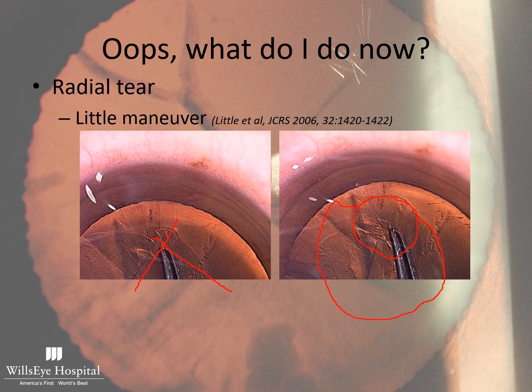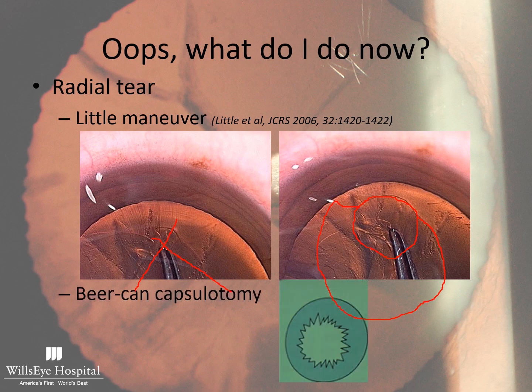If it's gone out to the equator already, sometimes when it's in the zonular complex out there, it's hard to get back in. You can also do a beer can capsulotomy. What you're doing is creating multiple radial elements. I don't know who would drink a beer like this, but that's what it's called, or a can opener capsulotomy. And so once you create multiple radial elements, you decrease the risk of radialization.